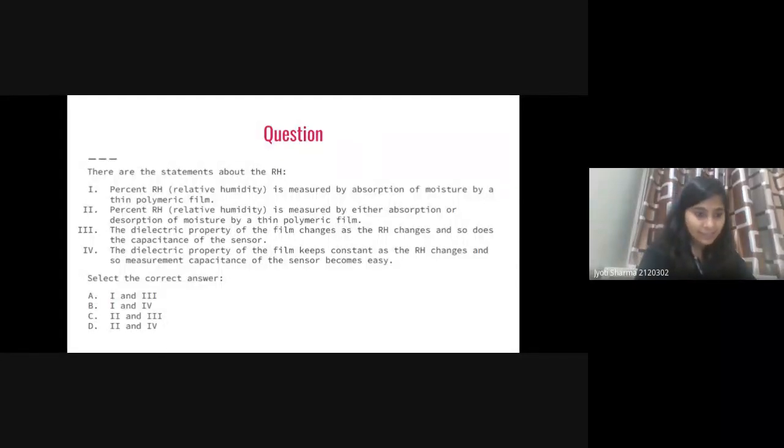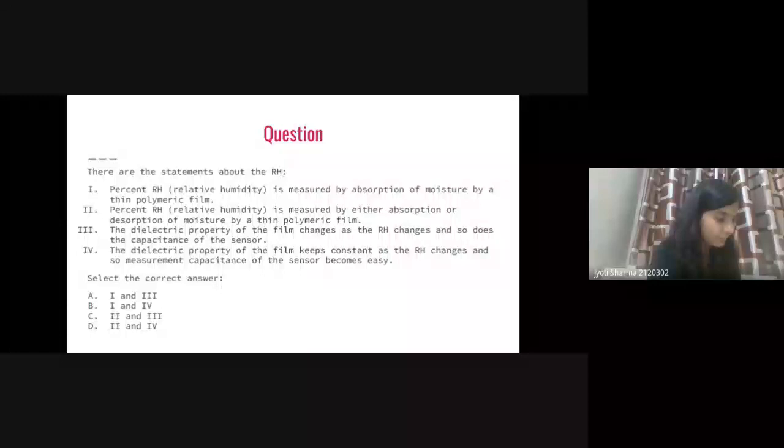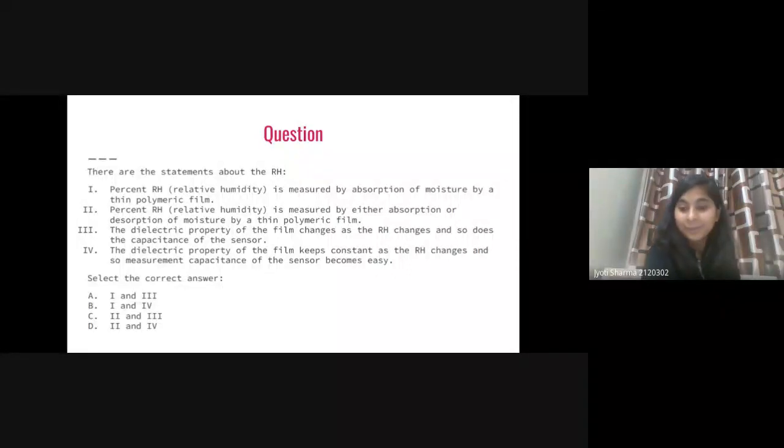Alka gave me C answer, second and third. ASD, second and fourth. Can you tell me the answer for this?